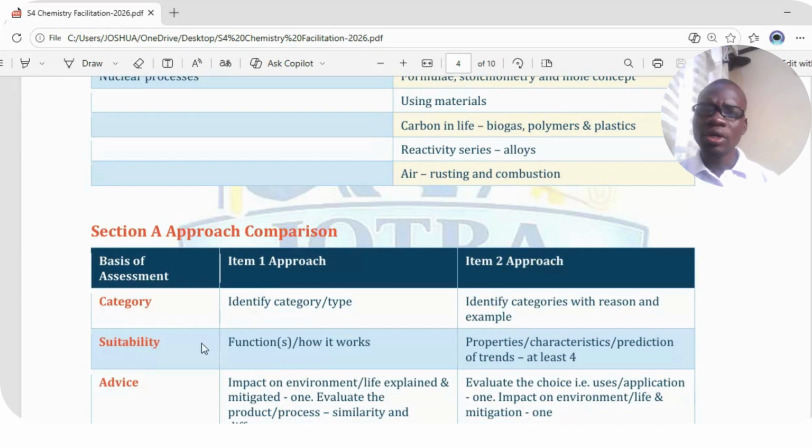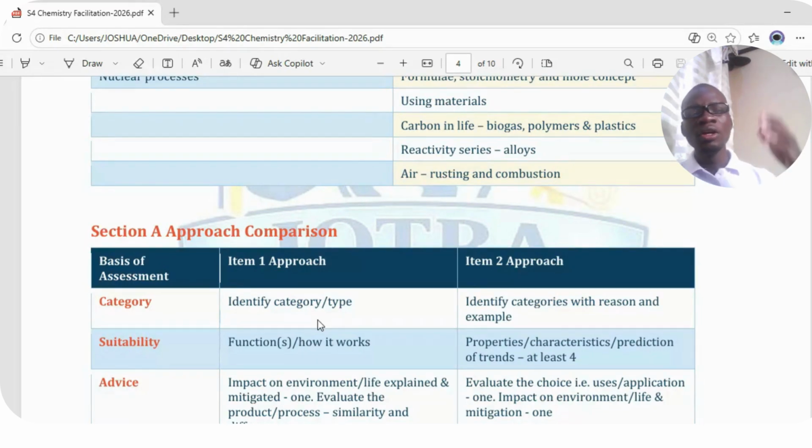So the first area of assessment is category for item 1. How are you supposed to approach this item? When they ask you about category in item 1, always just identify for us the category or type of the product they are talking about. If they talk about detergent, you need to know the types or categories there.